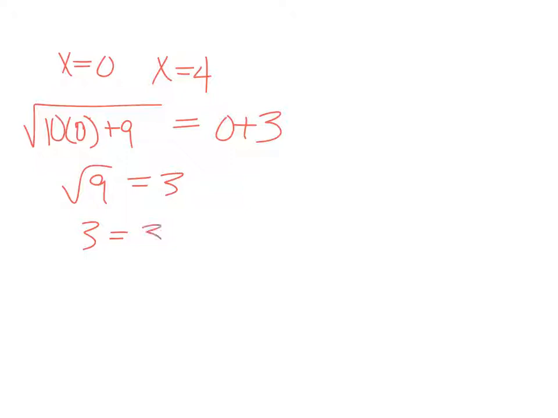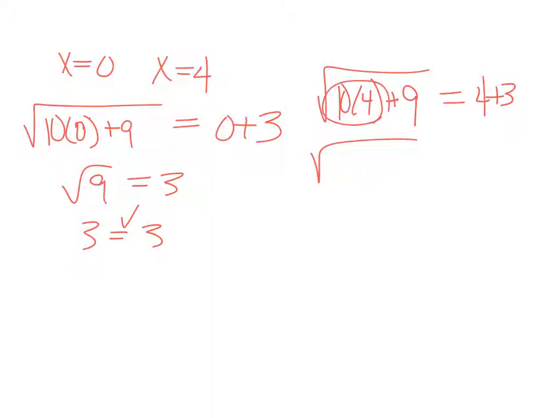That one works. And then we'll try 4. 10 times 4 plus 9 equals 4 plus 3. So this is 40 plus 9 is 49. Square root of 49 is 7. And both are good.